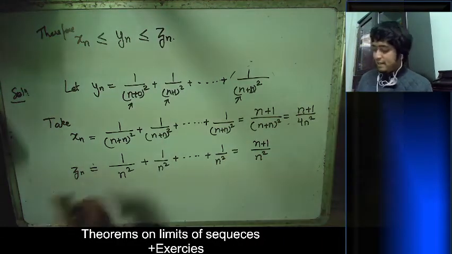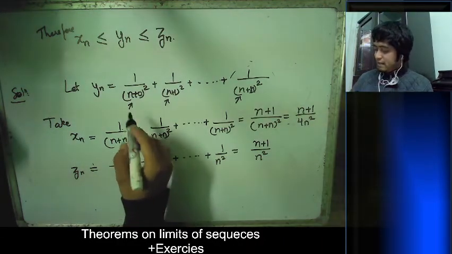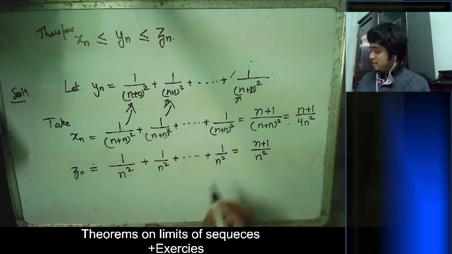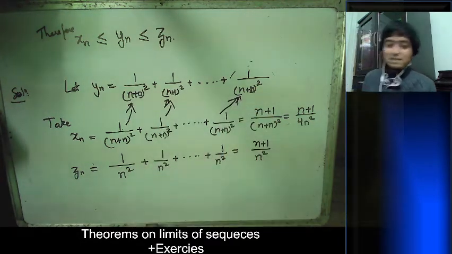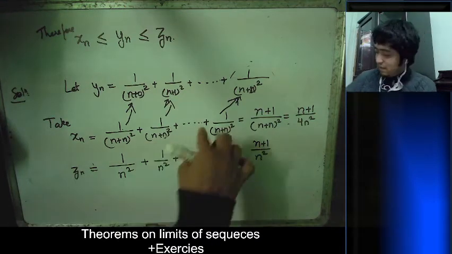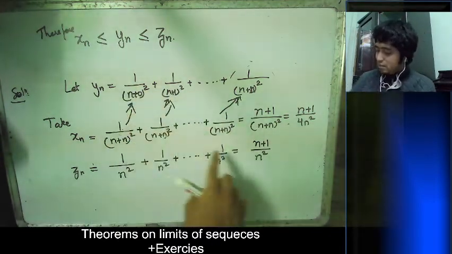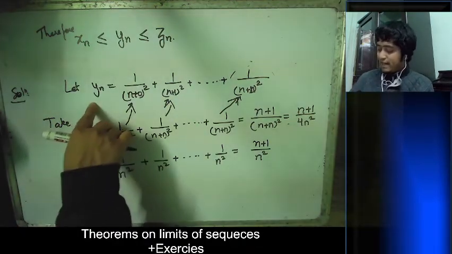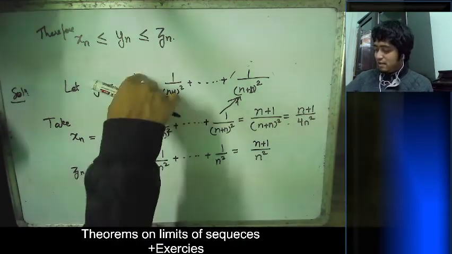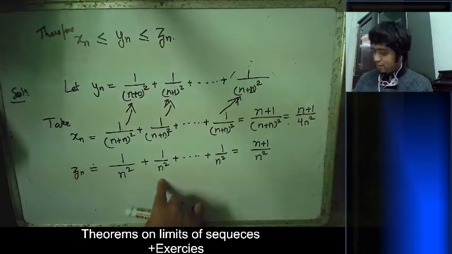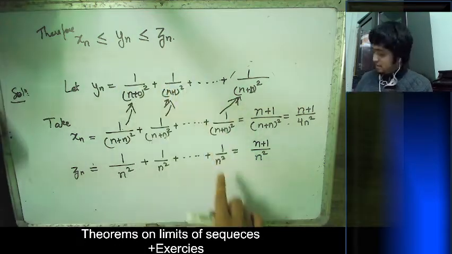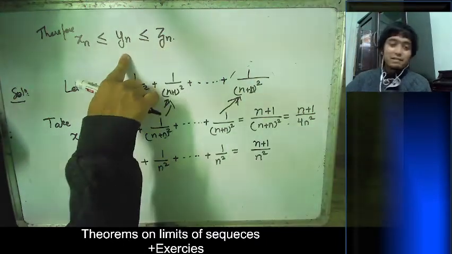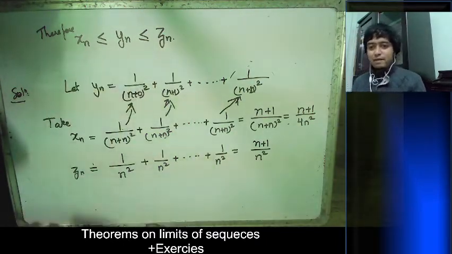In fact they are equal in places, but everywhere it's smaller, so that's why it's smaller or equal. Similarly, if you compare zn with yn, zn is bigger, so zn will be greater or equal to yn.